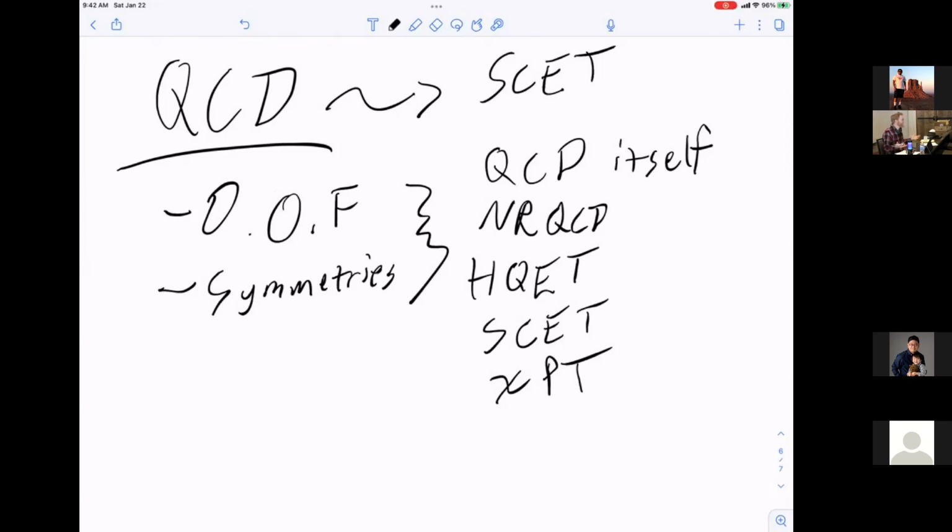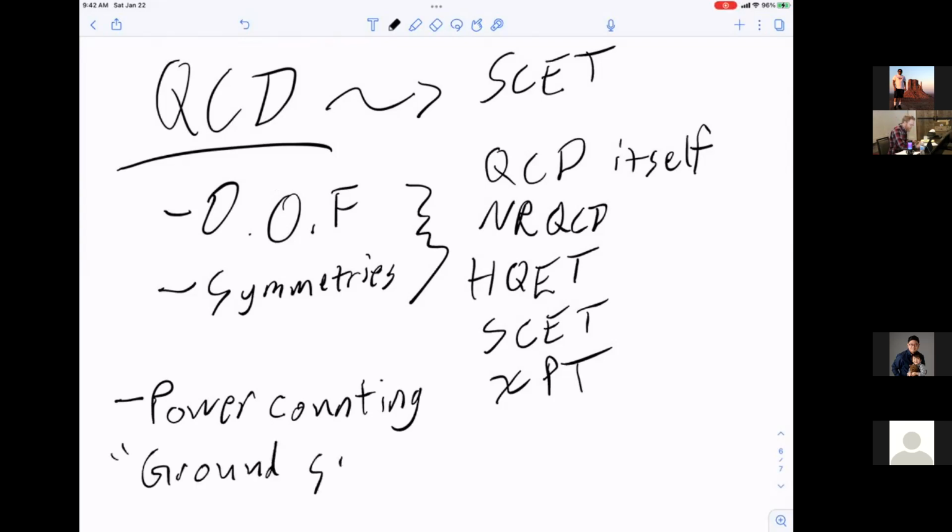Yeah, if I don't have power counting. In order to select out one of these, I need power counting. And once I have power counting, there's going to be some ground state, that which I don't want to depart too far away from, and the allowed departures, so how far away I'm allowed to actually go from that ground state, which would be dependent upon what I'm actually measuring.